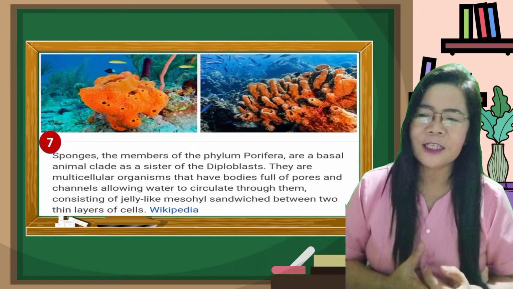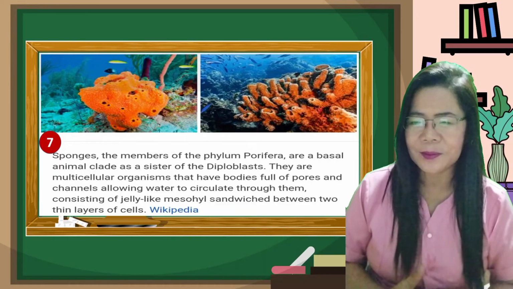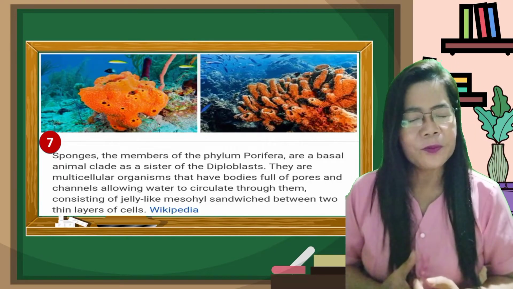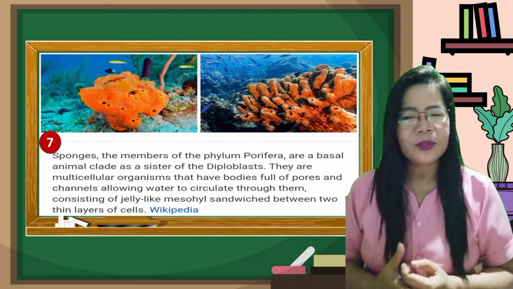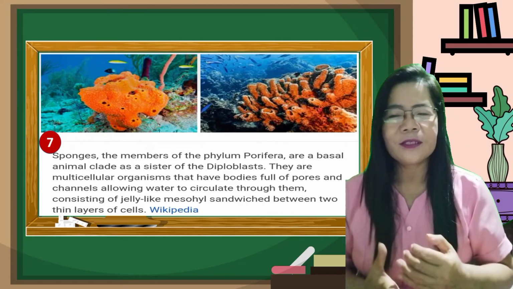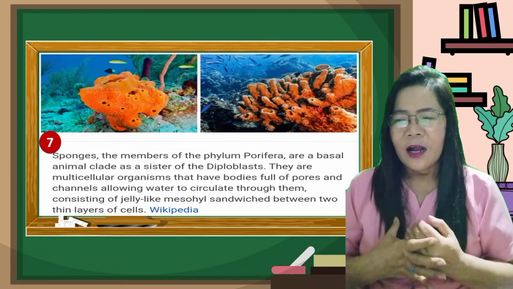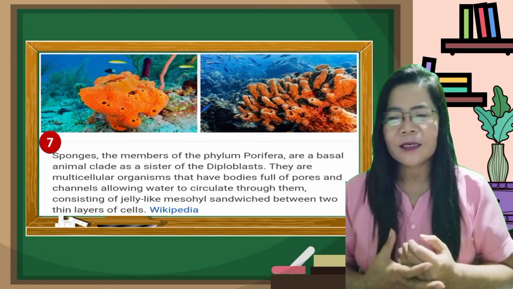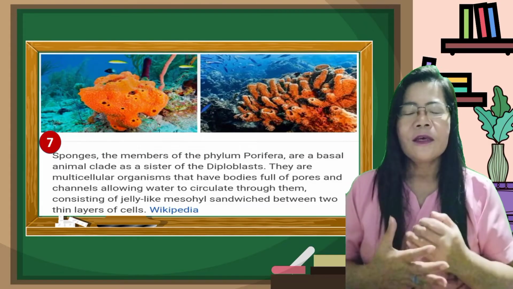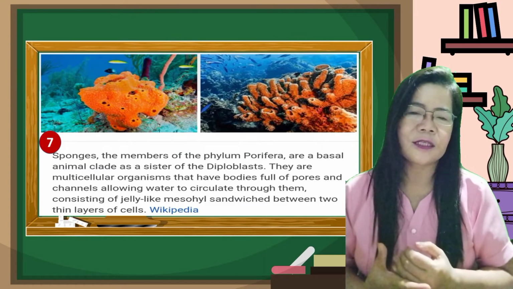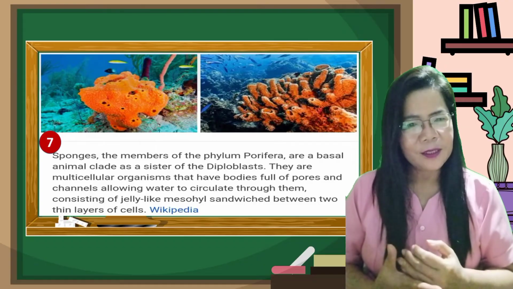They are multicellular organisms that have bodies full of pores and channels, allowing water to circulate through them, consisting of jelly-like mesohyl sandwiched between two thin layers of cells, according to Wikipedia.